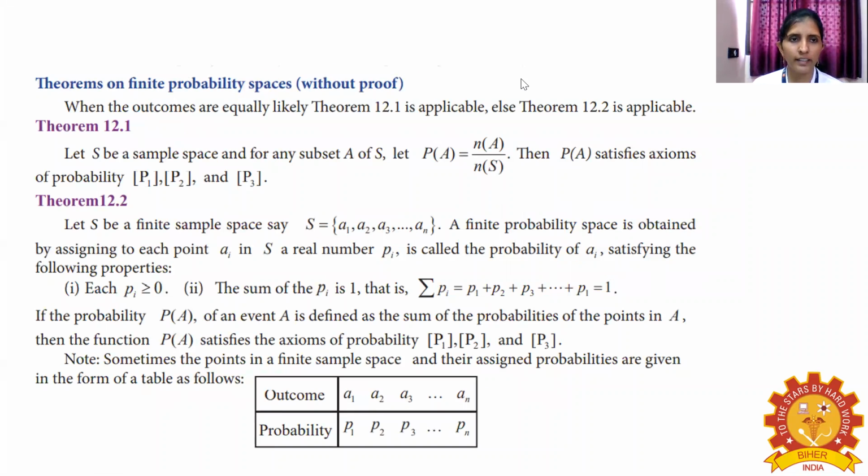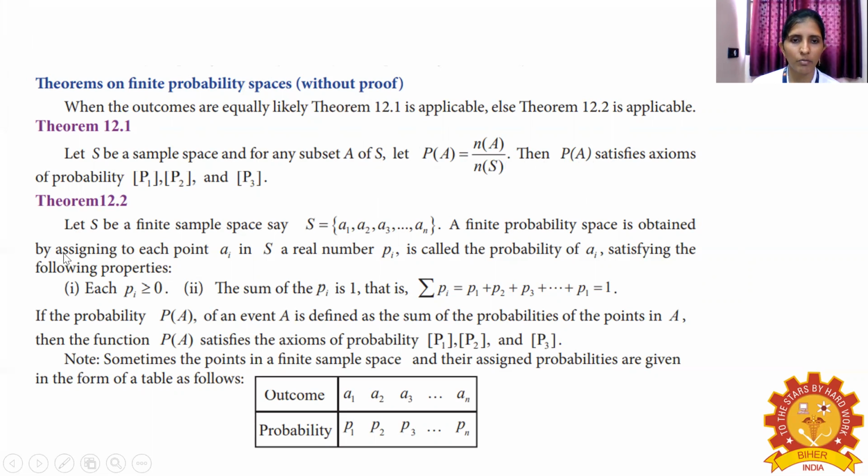Now we'll see certain theorems for these finite probability spaces. Let S be a sample space, and for any subset A of S, let P of A be equal to n of A by n of S. Then P of A satisfies the axioms of probability P1, P2 and P3. So this is one theorem that we are specifying here.